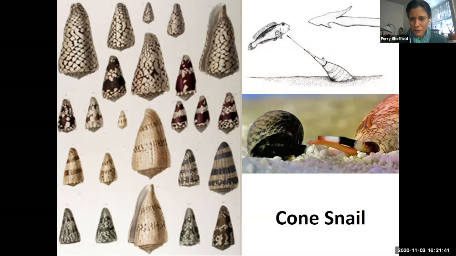Here, that was a diagram. Here's a photo of it doing the same thing. So they attack. And it turns out that those chemicals that they use are different in all the different kinds of cone snails. Sorry, I said an opioid derivative. It's actually the opposite of that, non-opioid derivatives.